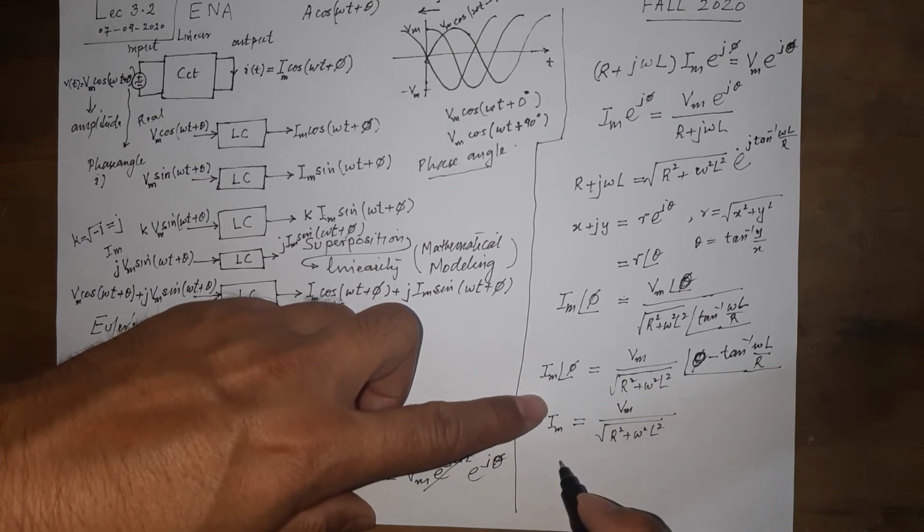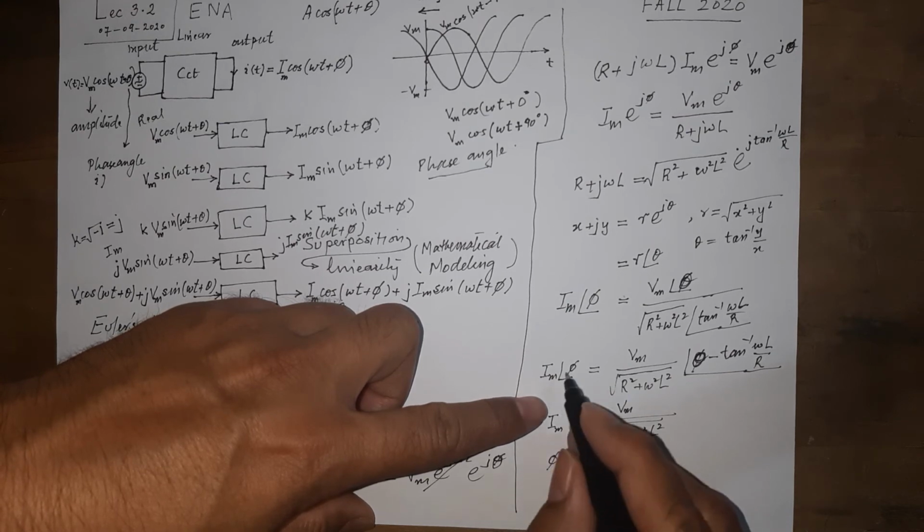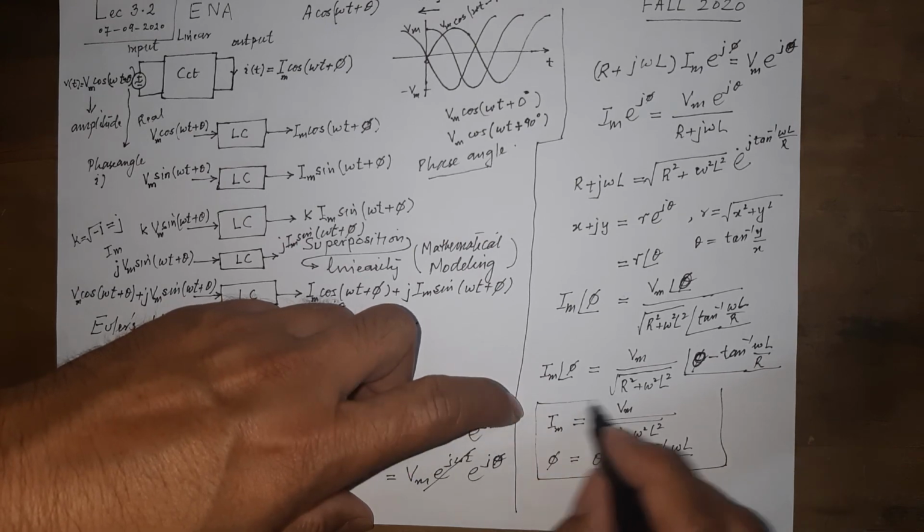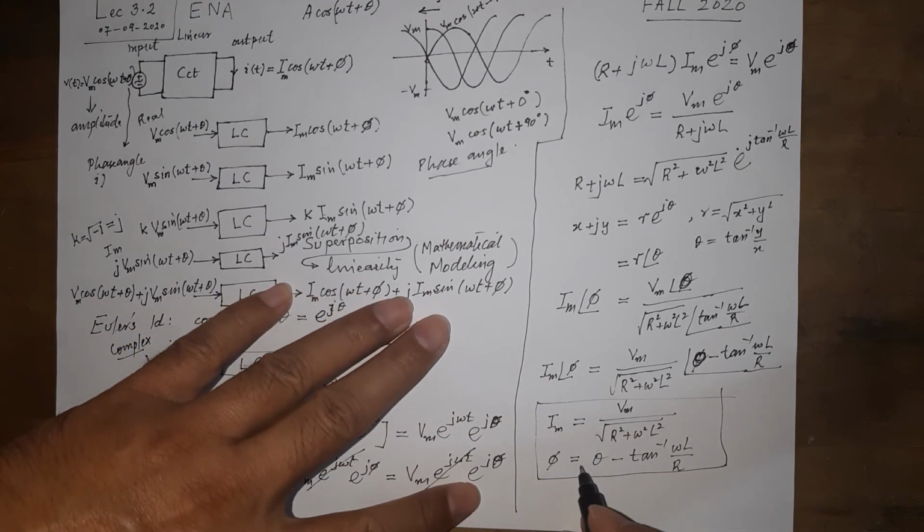And what do we get? The phase angle of the current, output current, is equal to phase angle of the input voltage minus tan inverse omega L over R.